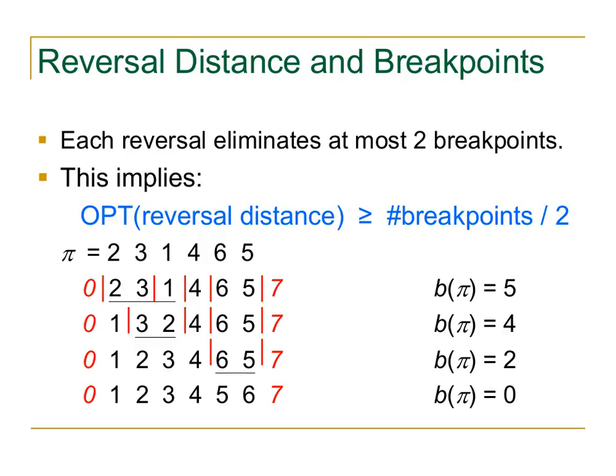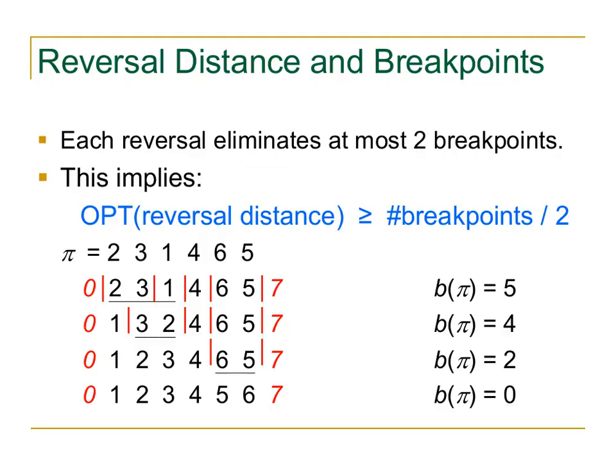Take the permutation pi equals 2, 3, 1, 4, 6, 5, padded with 0 at the front and 7 at the end. Initially, there are 5 breakpoints, which we can mark as 0, 2, 3, 1, 4, 6, 5, 7. After our first reversal, flipping the segment from 3 back to 1, the count drops to 4 breakpoints.